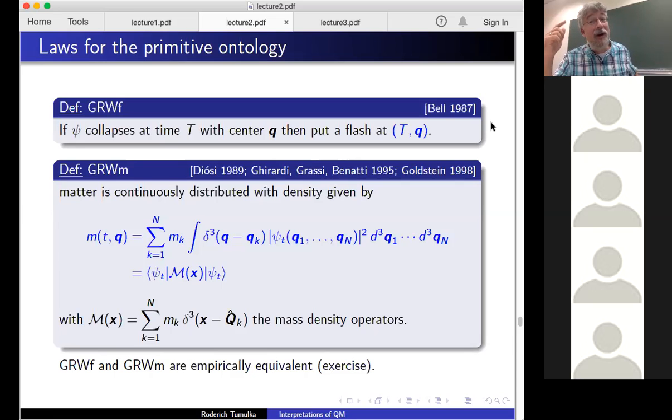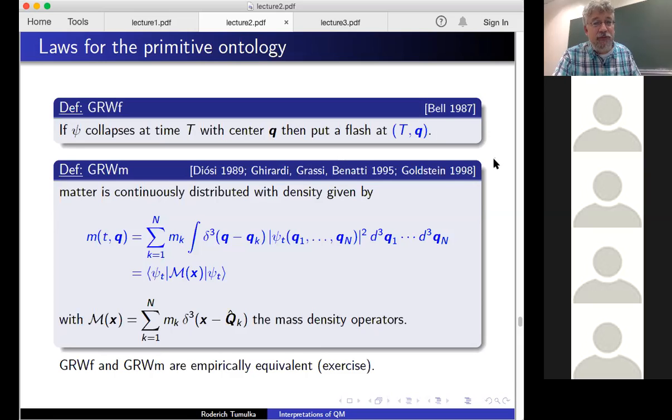So for a macroscopic object, you have a collapse every 10 to the minus 7 seconds. So in a macroscopic object, you have 10 to the 7 flashes per second. That gives this macroscopic object a definite shape on the macroscopic level. It consists of these 10 to the 7 space-time points.